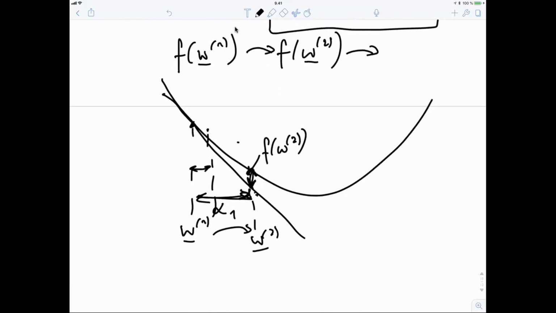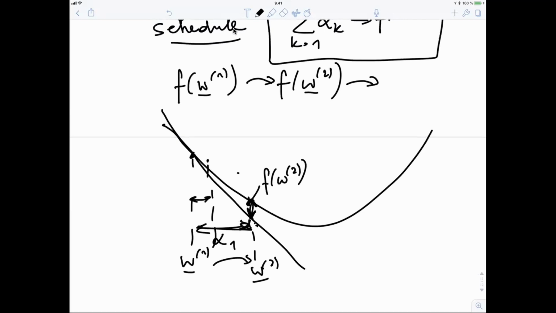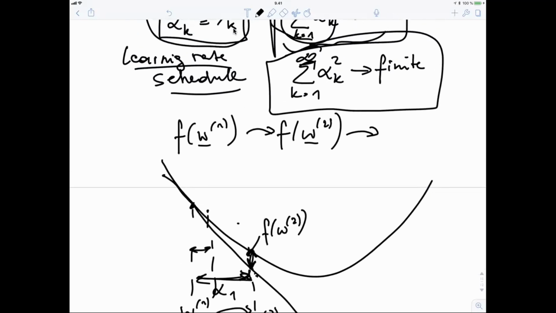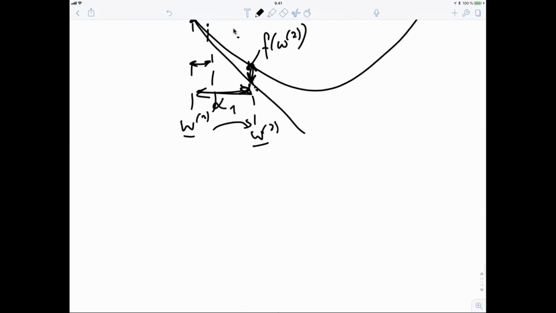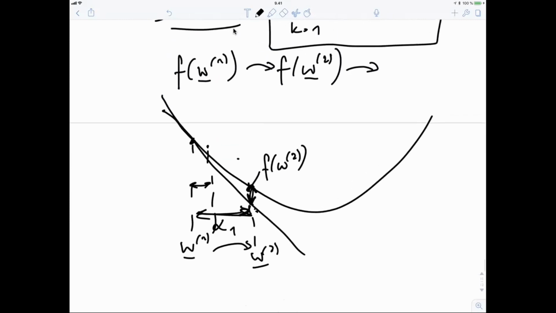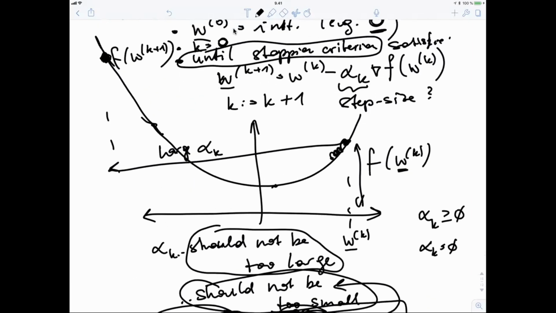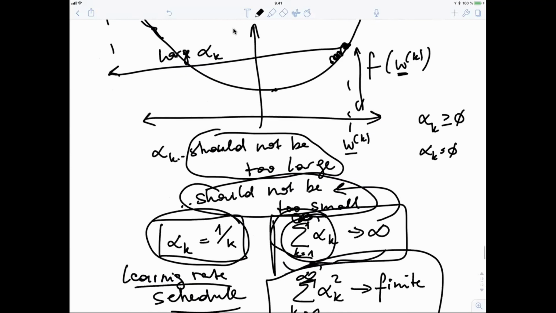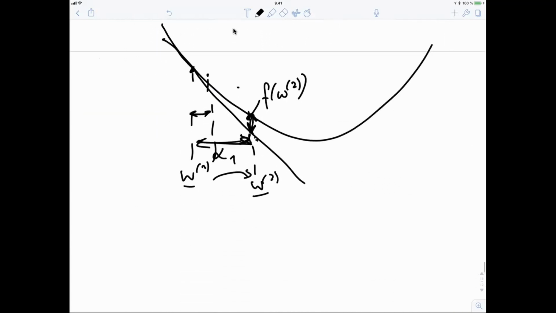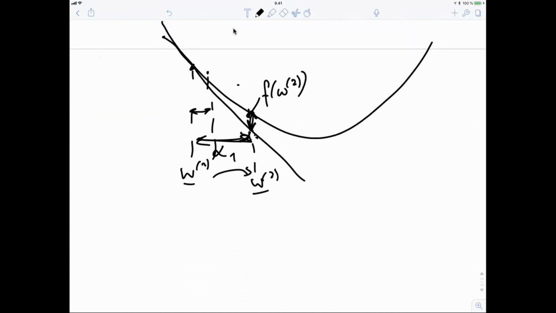Any other questions regarding step size selection? So there's also another way to choose a step size, which is to make stronger assumptions on the objective function. The more we know about the objective function, the more we might be able to guide the choice of step size.